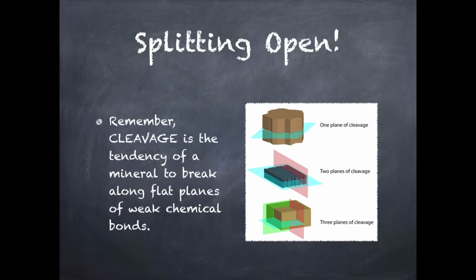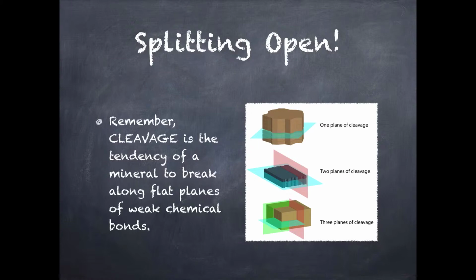Okay, splitting open. Remember we talked about cleavage is the tendency of a mineral to break along flat lines of weak chemical bonds. As we moved on with the unit, we talked about how the different crystal shapes will lead to different fractures. Basically, when we were drawing the elements and the particle diagrams, remember they will split along the lines where there's the weakest bond.